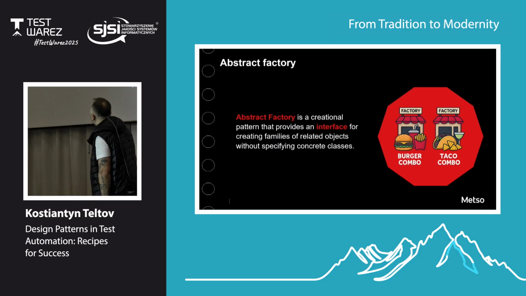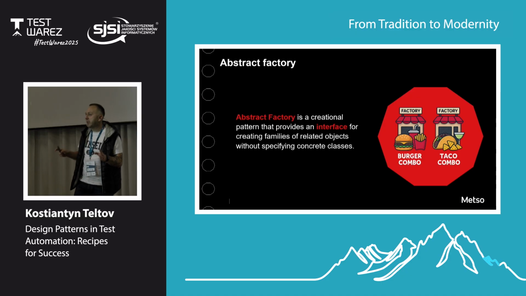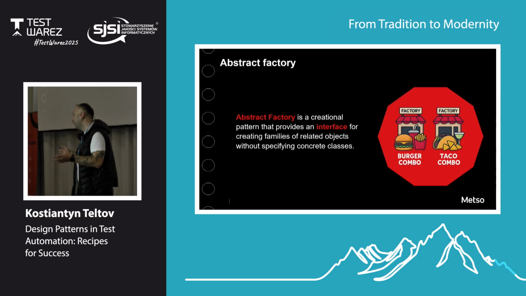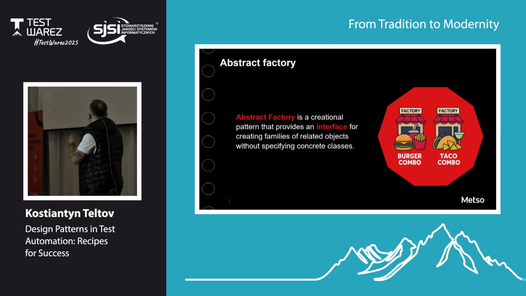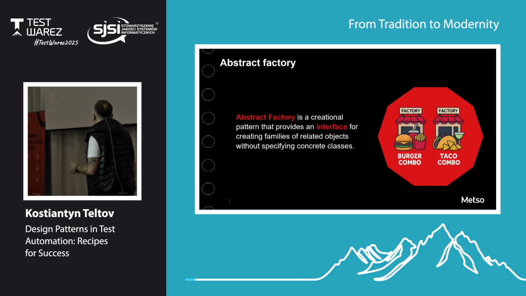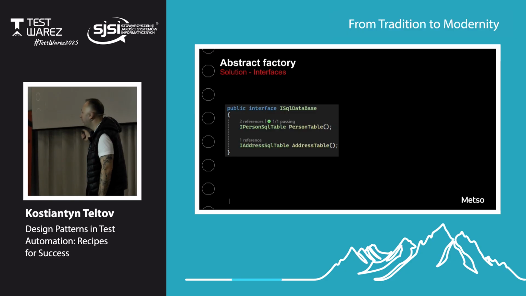But if you use abstract factory, you will just work with abstractions. You will work with an abstract interface. And in configuration or in test pre-setup, you can define the concrete implementation. How to do it? We need to provide some global interface.